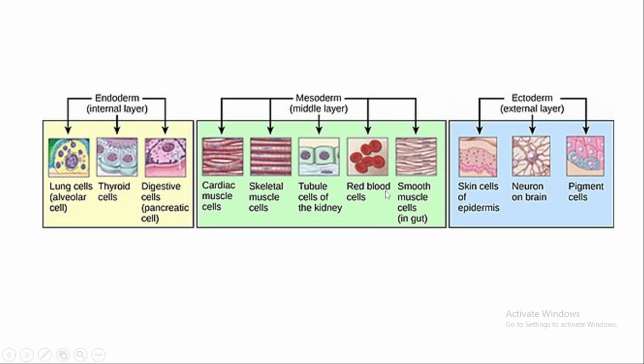Red blood cells and smooth muscle cells are also mesodermal. Ectoderm gives rise to the epidermis of the skin and all the neural structures, neurons of the brain, and pigment cells, melanocytes, which arise from the neural crest cells. So these are different types of organs, structures, and cell types derived from the three different germ layers.